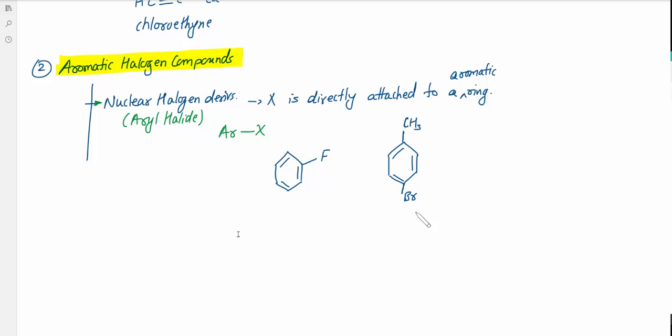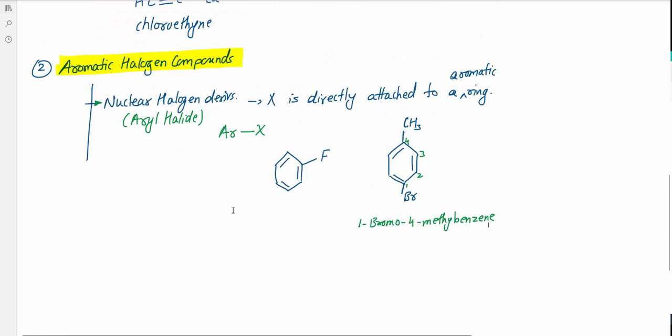Now if we have to name this in the IUPAC nomenclature system, the numbering will start from here, and this is 1 bromo 4 methyl benzene, right? So this is position 2, 3 and 4. So 1 bromo 4 methyl benzene. Here the bromine is connected directly to the aromatic ring. So that is our aryl halides.